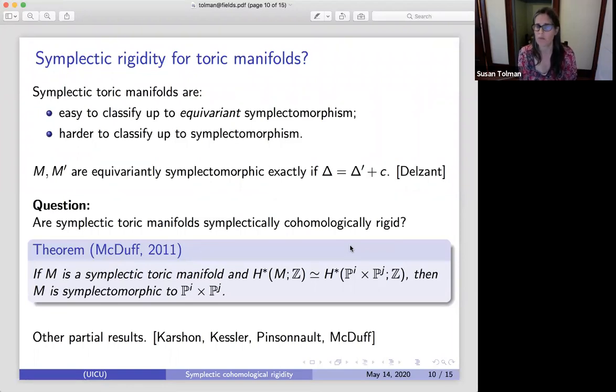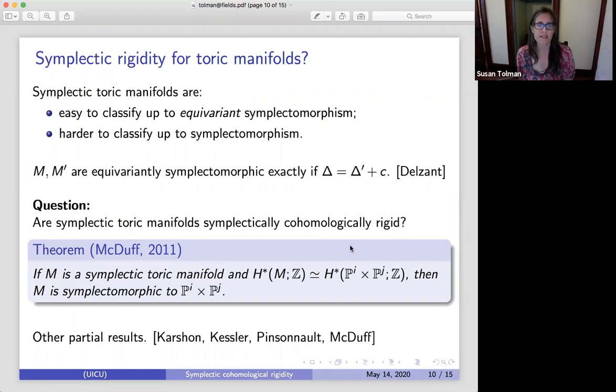If M is a symplectic toric manifold and the cohomology of M with integer coefficients is isomorphic to the cohomology of the product of two projective spaces, then M is symplectomorphic to the product of two projective spaces. When I say symplectomorphic to the product, I mean you can take the Fubini-Study form on each of them and pull it back to a product symplectic form, possibly with different weights. So, the natural symplectic form.